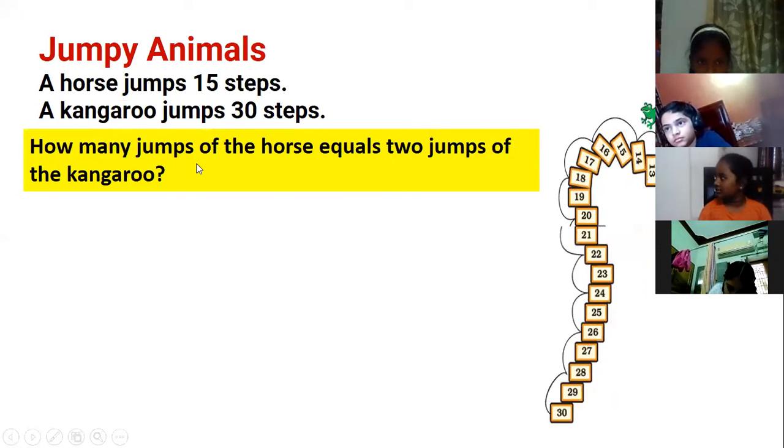Now, how many jumps of the horse equal 2 jumps of kangaroo? So horse will take how many steps?